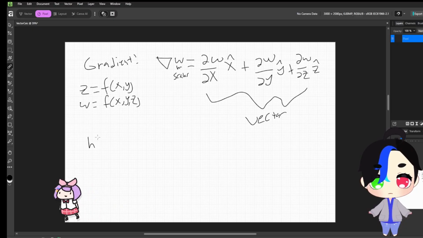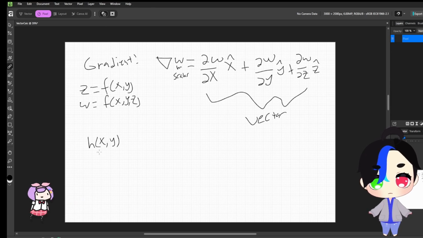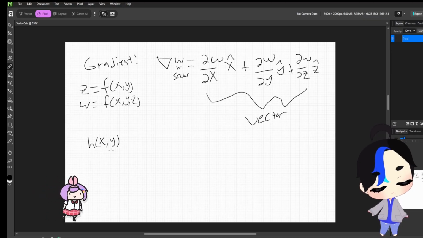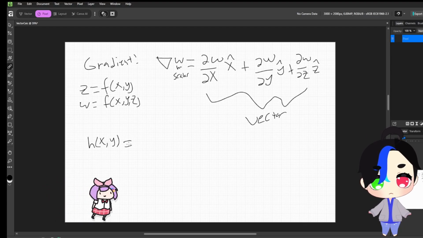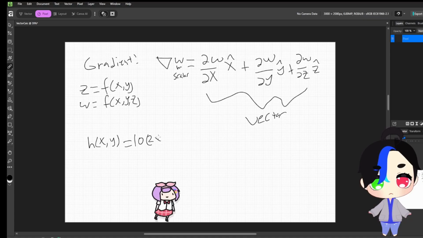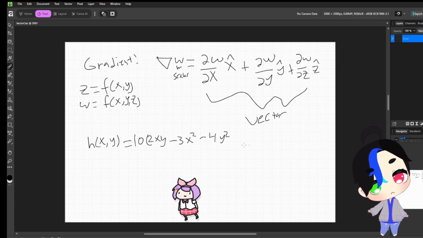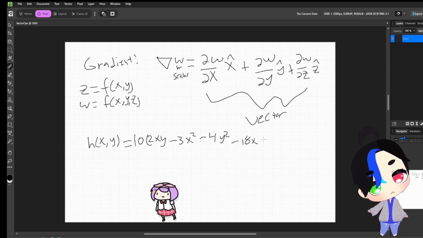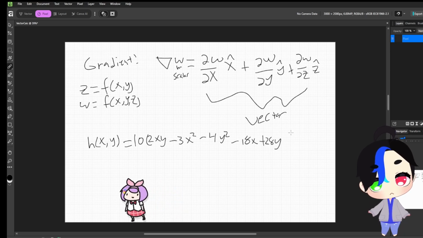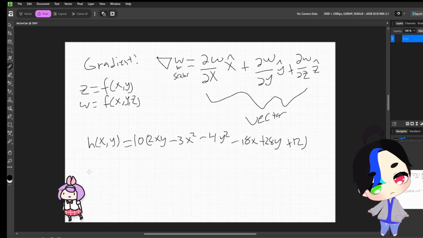The height of this hill as a function of x, the number of feet you move east, and y, the number of feet you move north, is defined as 10 times 2xy minus 3x squared minus 4y squared minus 18x plus 28y plus 12. I'm sorry, this is a ridiculously long function, but this was the example I found.